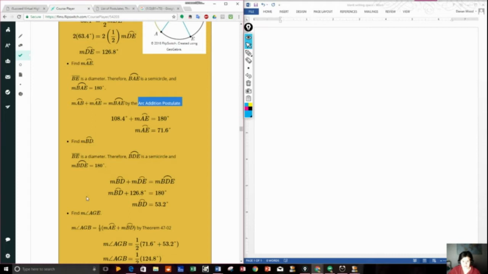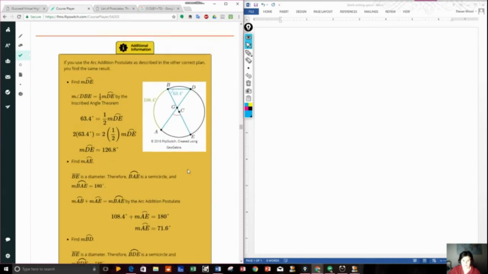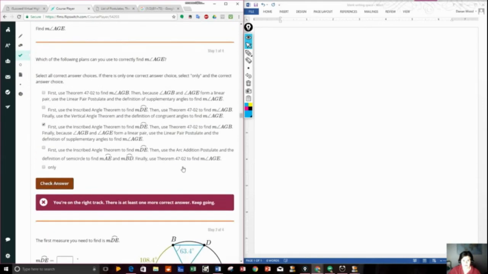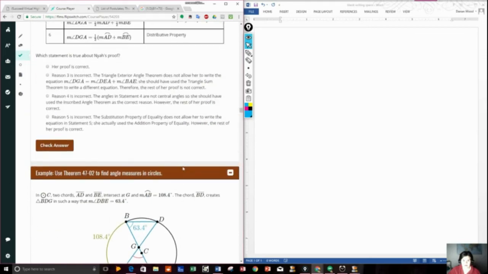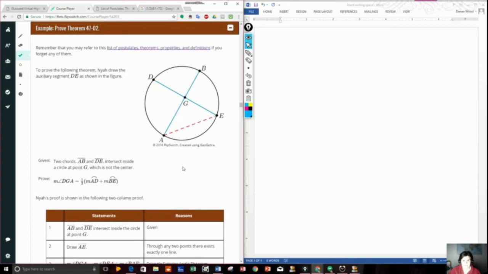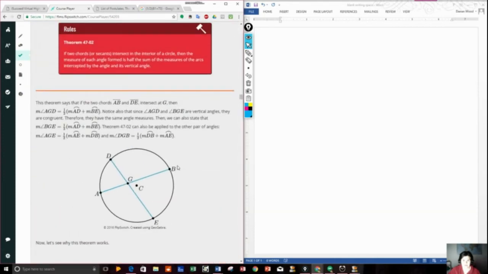There's the semicircle, and then by theorem 4702. Okay, so then the other one was written out up here.